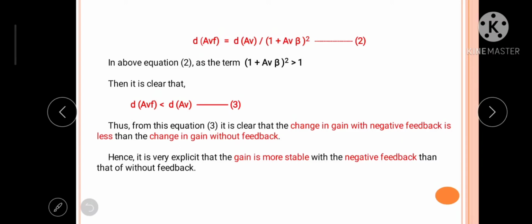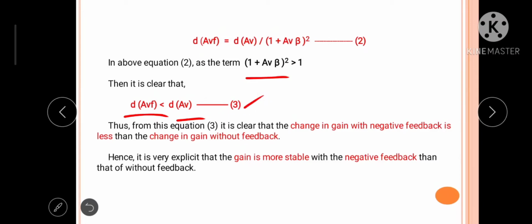The term (1 plus AV into beta) whole square is always greater than 1. So from this condition, it is clear that derivative of AVF is always less than derivative of AV. Let's take this as equation 3.